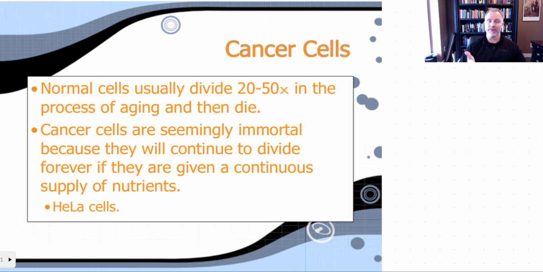But then when they found that they are immortal and continue to divide, they gave rise to a whole field of biology and biotechnology. You can buy HeLa cells today that are direct descendants from this lady. And the biotech industry has made billions of dollars off of these cells, while she and her family largely lived in squalor.